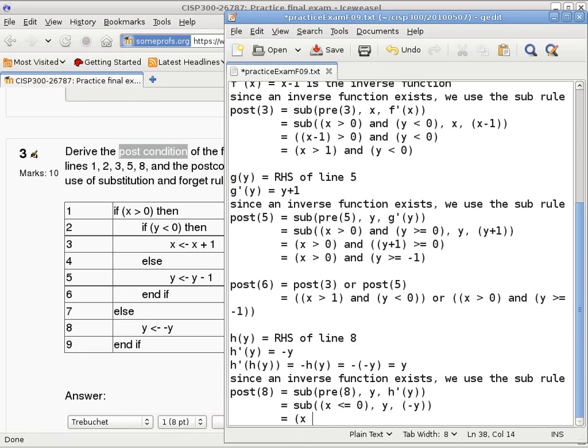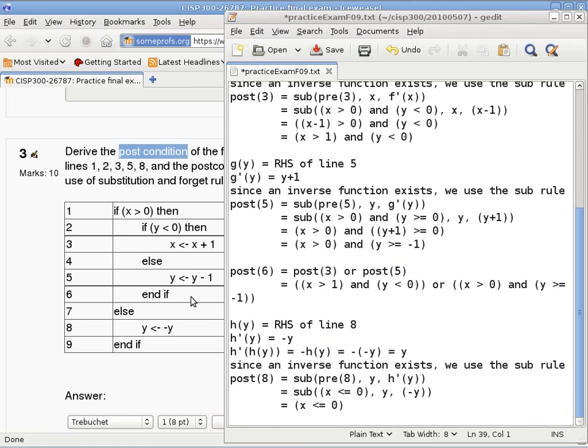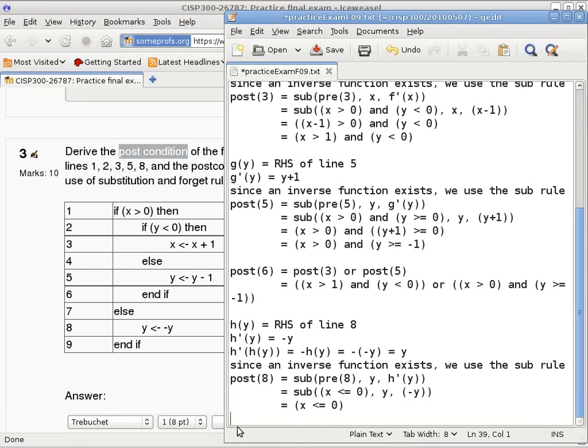We already know what is post 6, so we can work on post 9 at this point. Post 9 is the disjunction of post 6 and post 8.